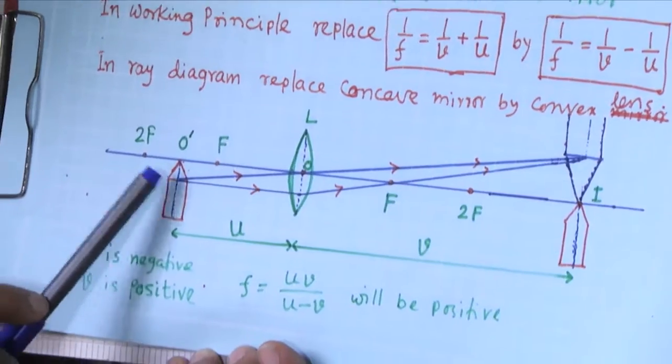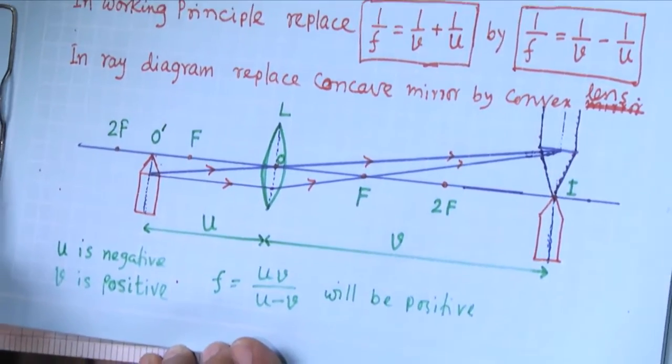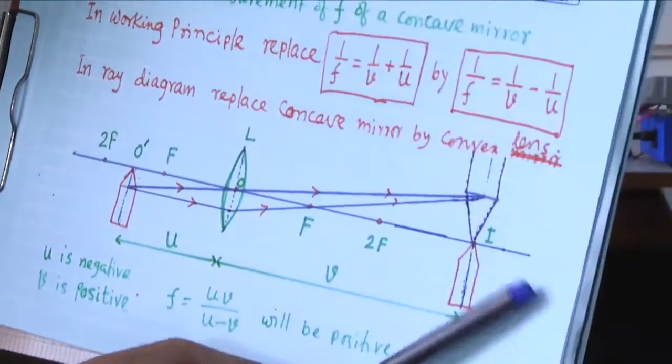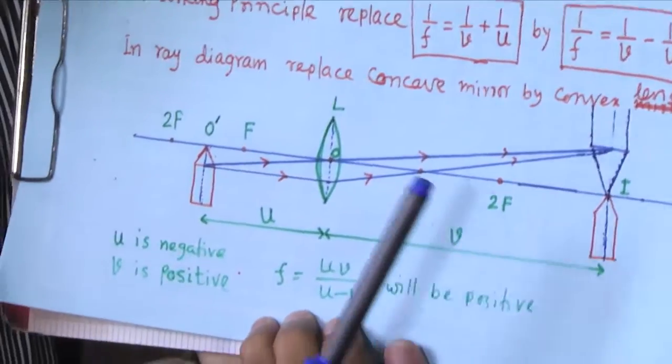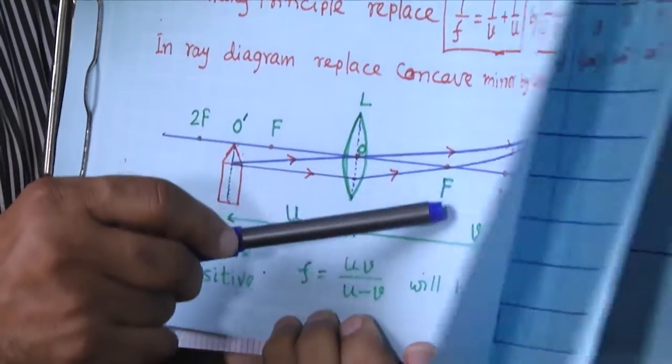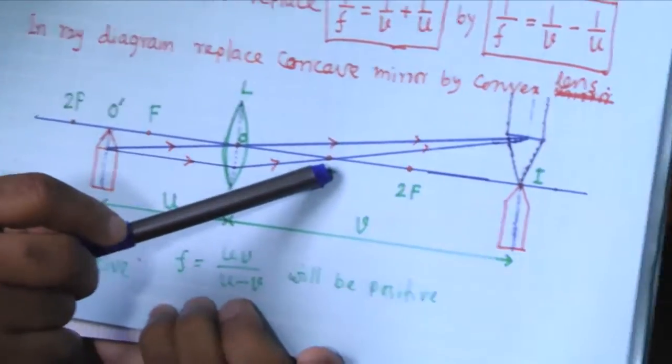So, if the object is at infinity, we will get a real image, and we will get it at the focal point of this lens.